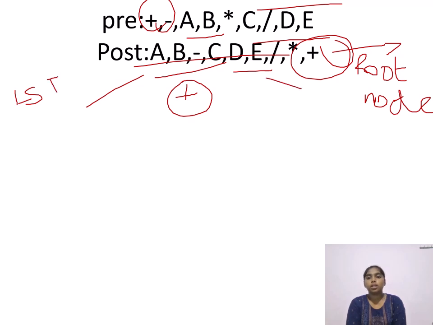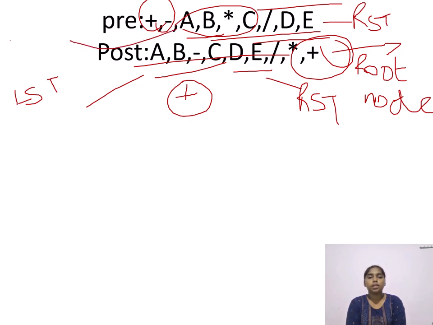And these are the right subtree. And here these are the right subtree, and here these are the left subtree. This we call the root node.